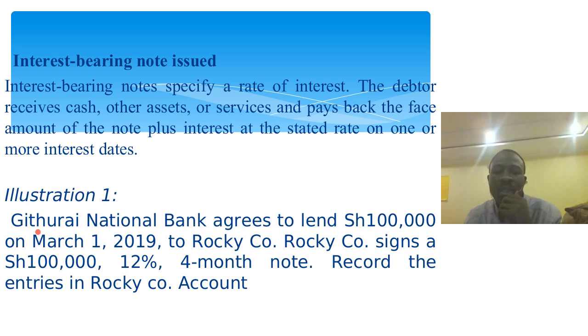For an example, Githurai National Bank agrees to lend 100,000 shillings on March 1st, 2019 to Rocky Company.